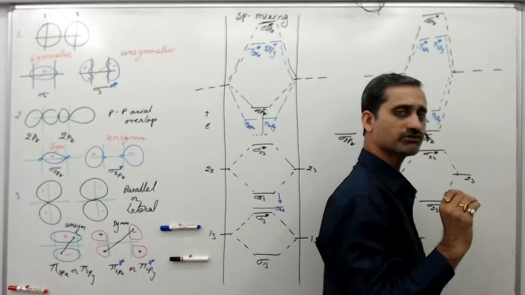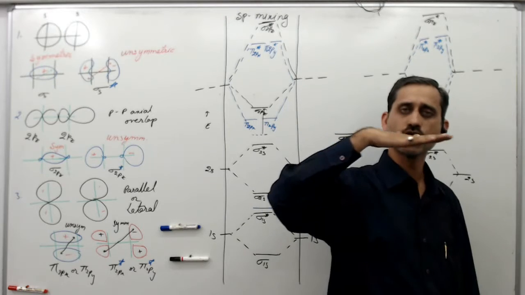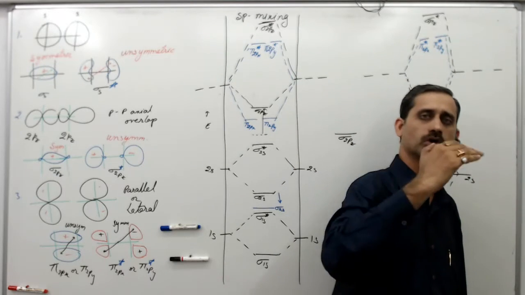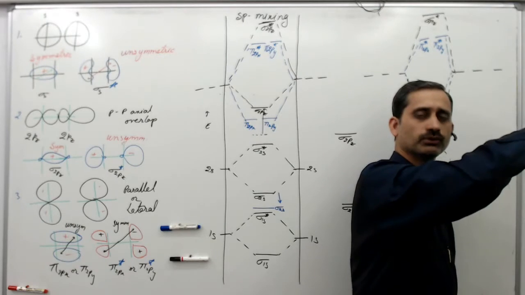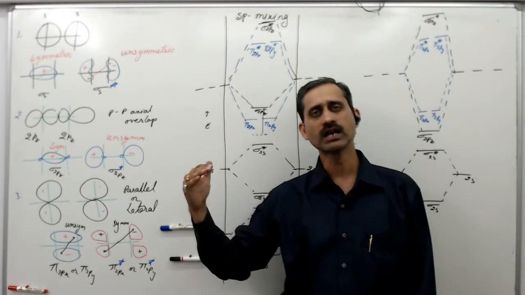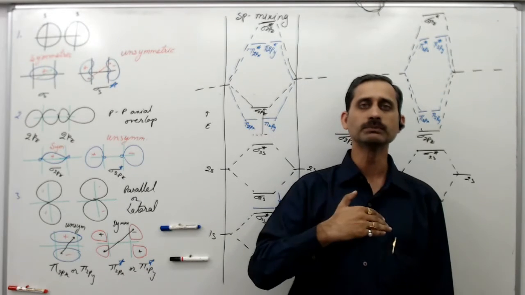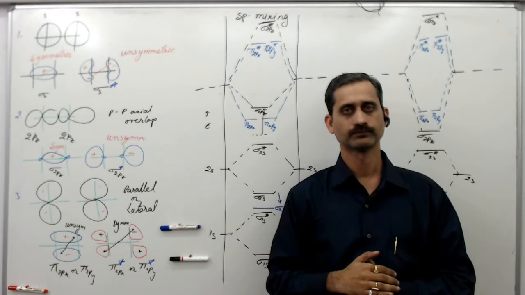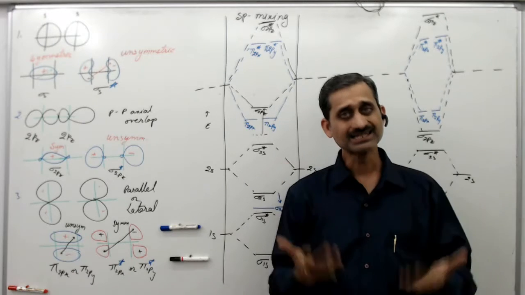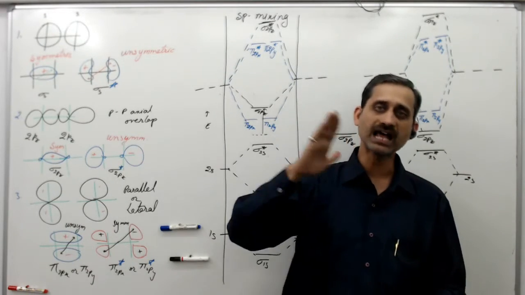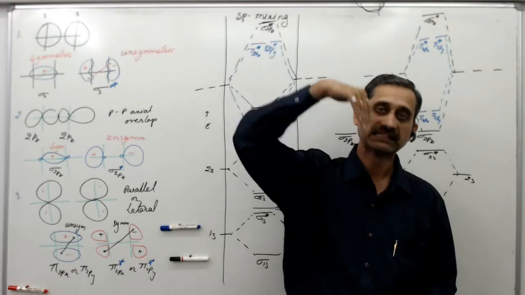Now, you need to understand as we are moving across the period, from lithium, beryllium, boron, carbon, nitrogen, oxygen, fluorine, neon, the energy gap between the 2s and 2p orbitals increases. As the energy gap increases, the chances of these to overlap with each other is going to decrease.